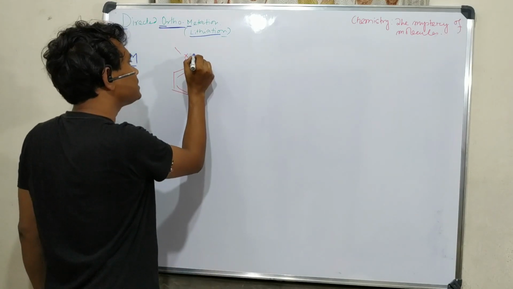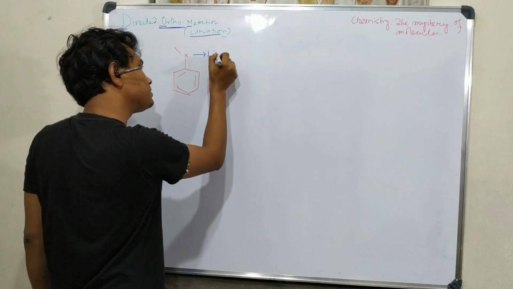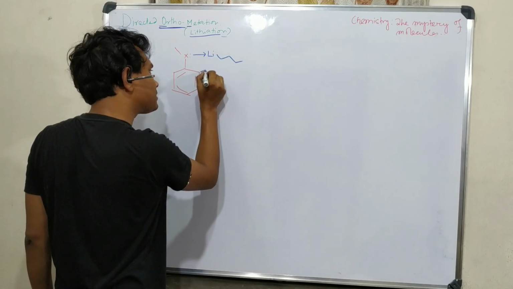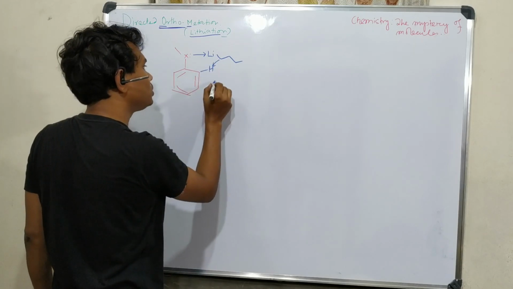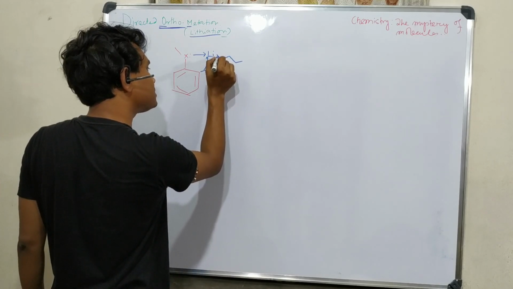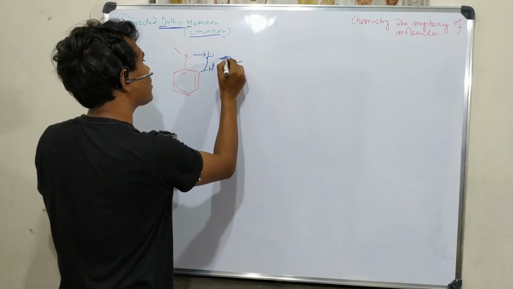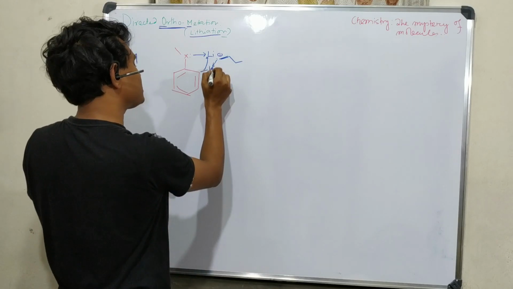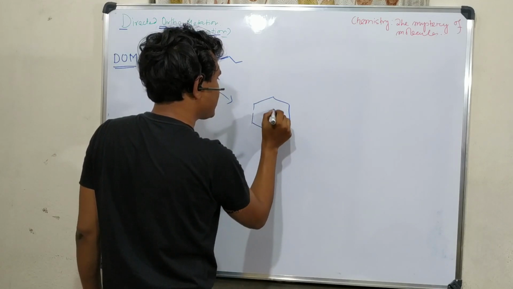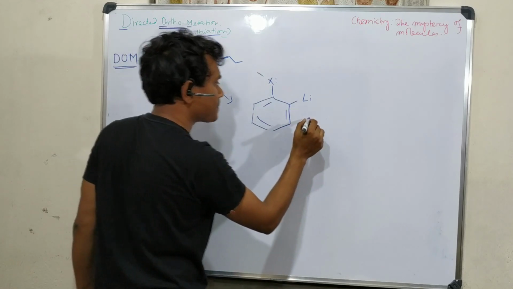So what happens? This metal, for example lithium, is added here. Since we use alkyl lithium, it selectively abstracts this proton, and the anion goes to lithium and the alkyl abstracts this proton, which results in the directed ortho-lithiation product, that is lithium, this X and butane.